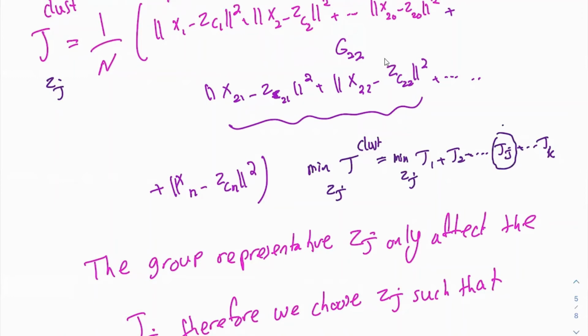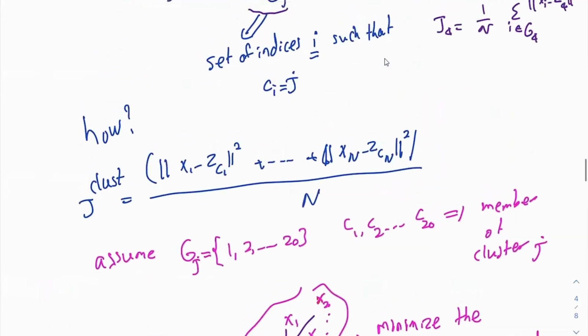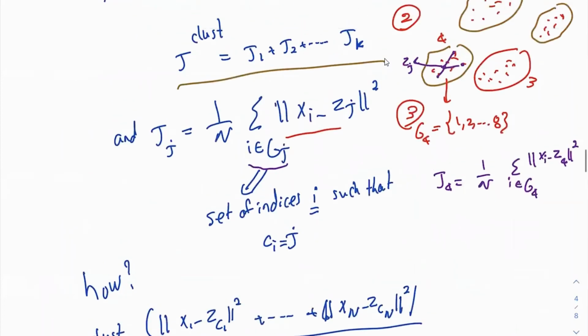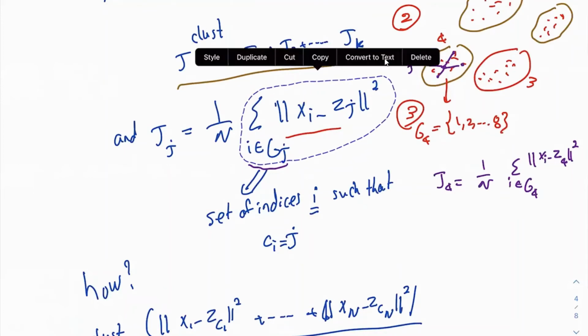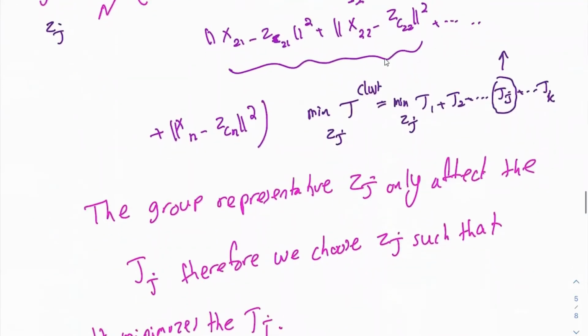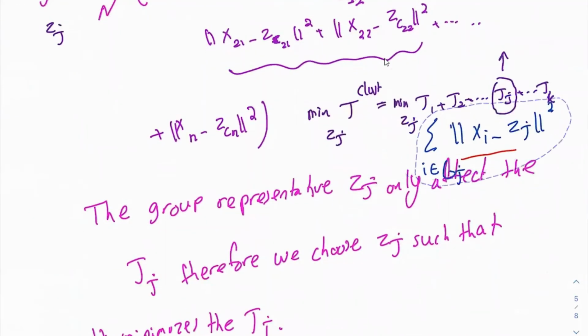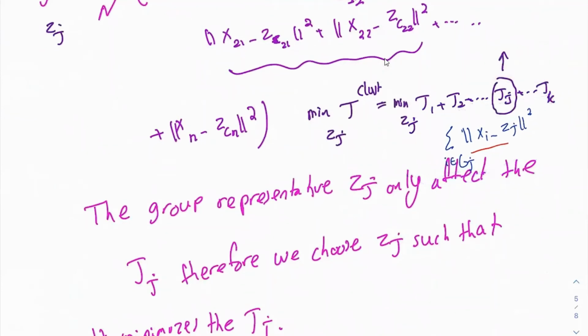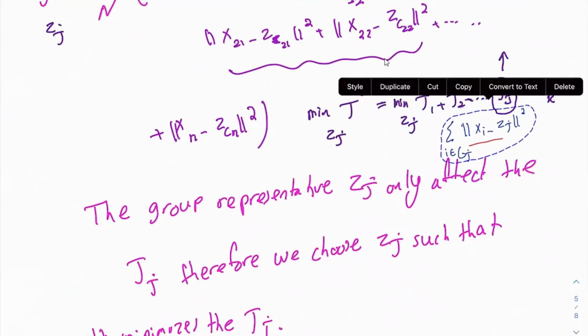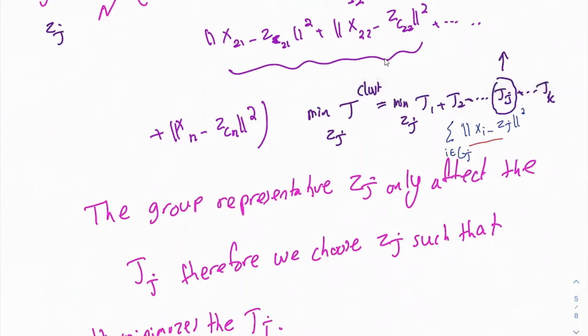What's the definition of Jj? We have it here. This is what we want to do. If you calculate a Jk or a J1 and J2, we don't have Zj.